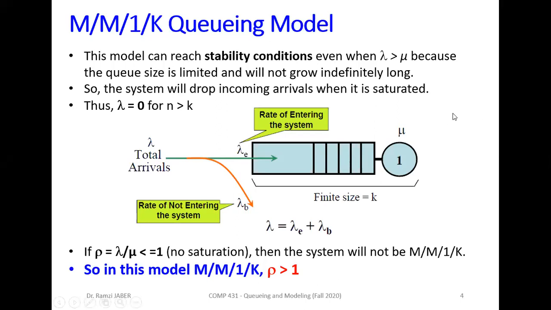Okay, now let's begin. What is the difference? The first difference here is rho must be bigger than 1 to be named MM1K. If less, no saturation, it will be similar to MM1.